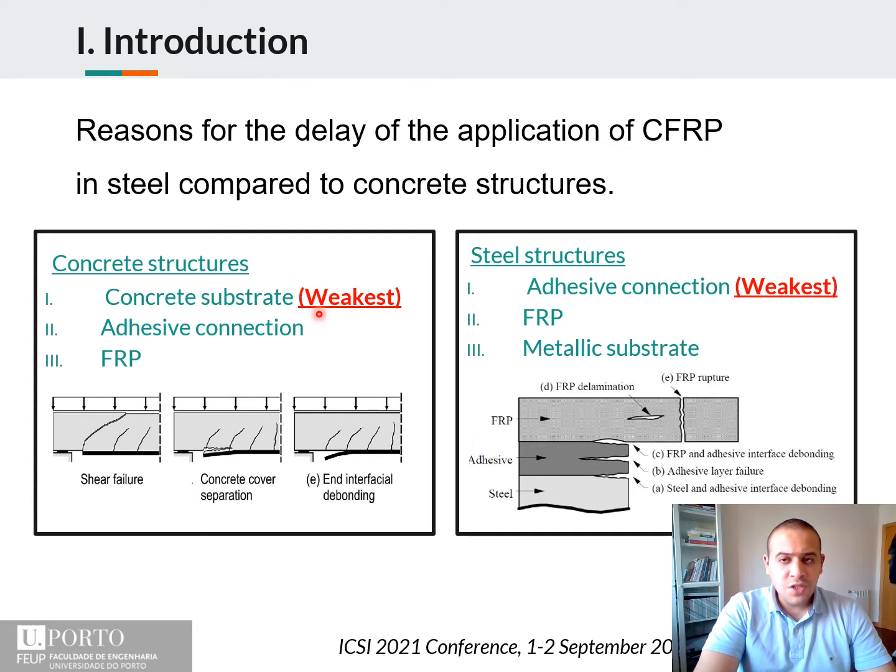And engineers and researchers with civil engineering background have a lot of knowledge about this mode of failure and could easily derive design procedures. However, in steel structures, usually it's the adhesive connection that is the weakest part. And researchers with civil engineering background usually do not have a lot of experience in adhesive technology.